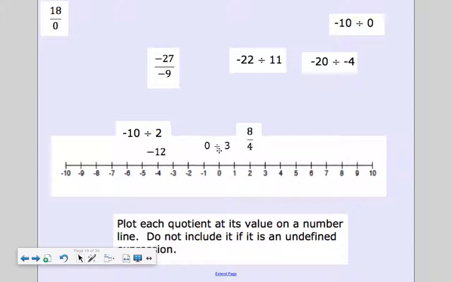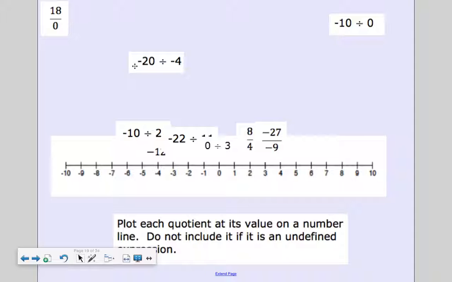Each group gets 0. What's negative 27 divided by negative 9? Opposite of a negative is positive, so 27 divided by 9 is 3. 22 negatives divided into 11 groups, that'd be 2. Opposite is negative 2. That goes right there. 20 negatives divided by negative 4. So it's the opposite of a negative, positive, so 20 divided by 4 is 5. And last but not least, can I have 10 negatives and put them in 0 groups?